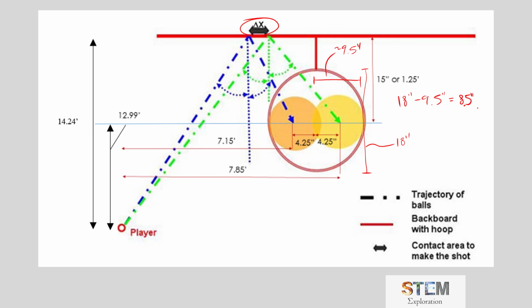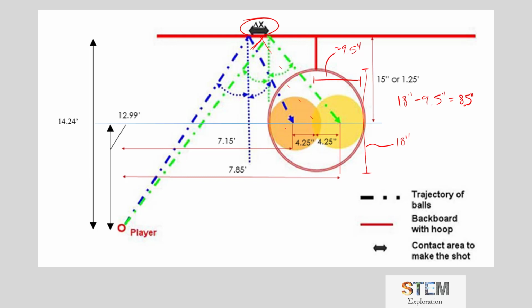So if this is 8.5 inches, what this tells me is that if we take all those calculations from part one of the video, so we bounce off the backboard here, right in the middle, and then go back somewhere here, our end landing spot theoretically could be 4.25 inches to the right of that position and still fall within the hoop, and 4.25 inches to the left and fall in the hoop.